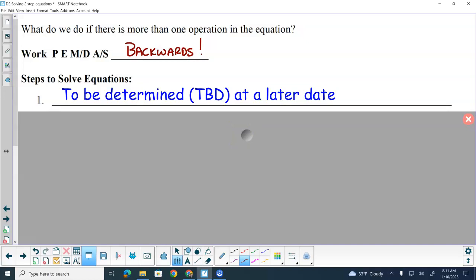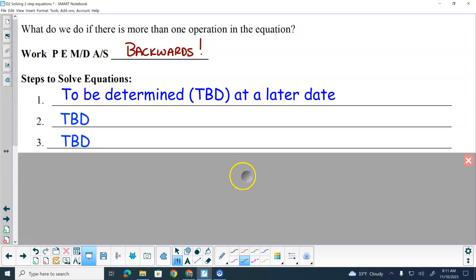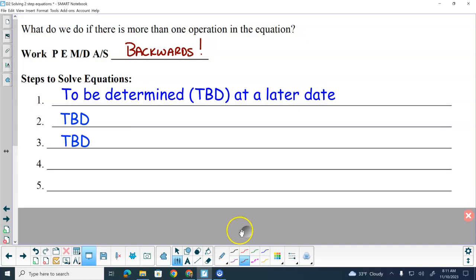We'll figure that out later on. Same for the second line. Same for the third line. Okay? So we're going to jump right into the fourth line. So we're going to work our steps. And our steps are going to be, we are going to clear any addition or subtraction.